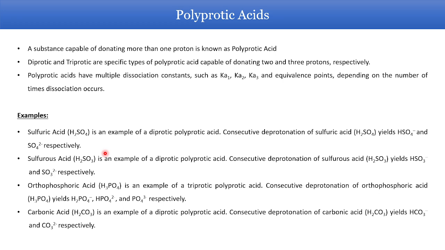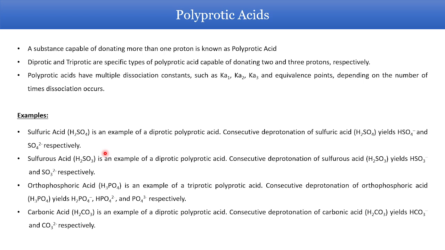However, I need to mention one thing over here: it does not mean the number of hydrogens it has, because this is a very common question that is asked numerous times, where a particular molecule is given and it has 4 hydrogen atoms. It does not mean it is a tetraprotic polyprotic acid.